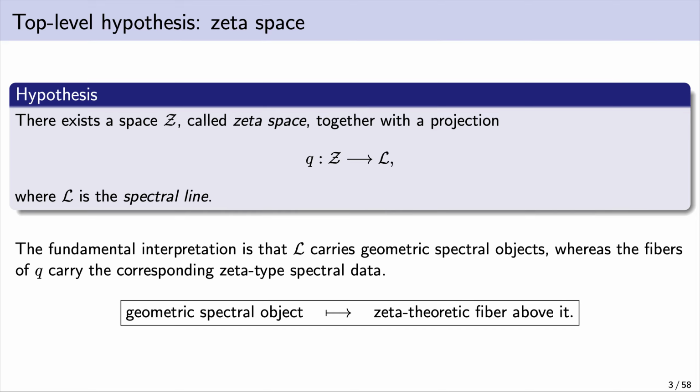On the other hand, the fibers over these objects correspond to zeta space objects, which are hypothesized to tell you something about the elements in the spectral line. So a good way to summarize that is we have this geometric spectral object and we have a zeta theoretic fiber above it.